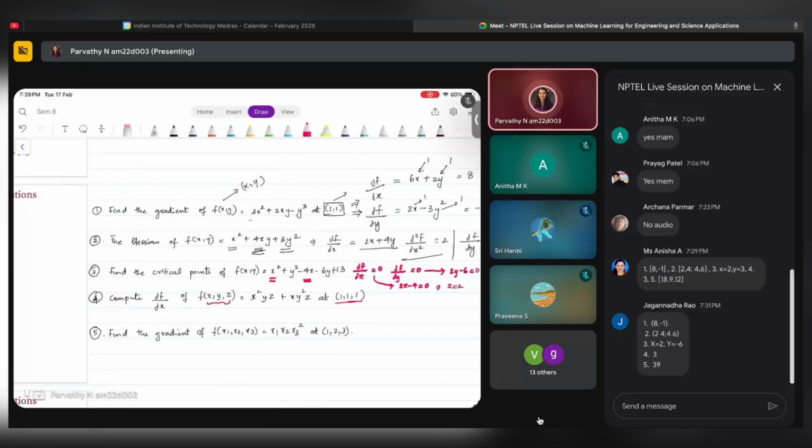So ∂f/∂x is equal to 2xyz plus y²z. Then you substitute 1, 1, 1 for x, y and z. So we get 2 plus 1, 3.